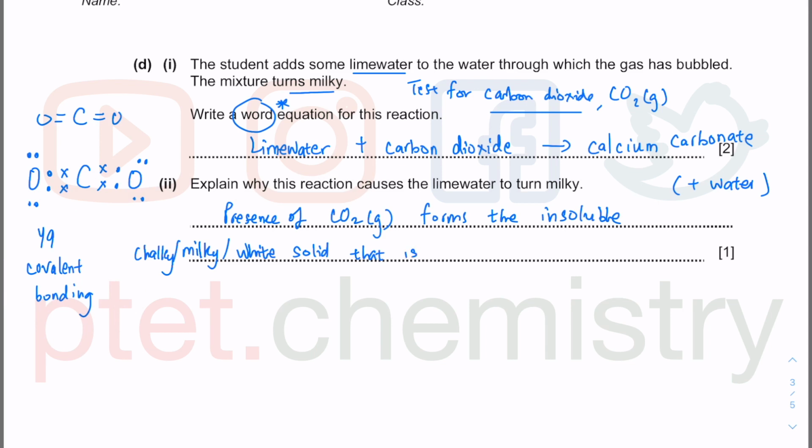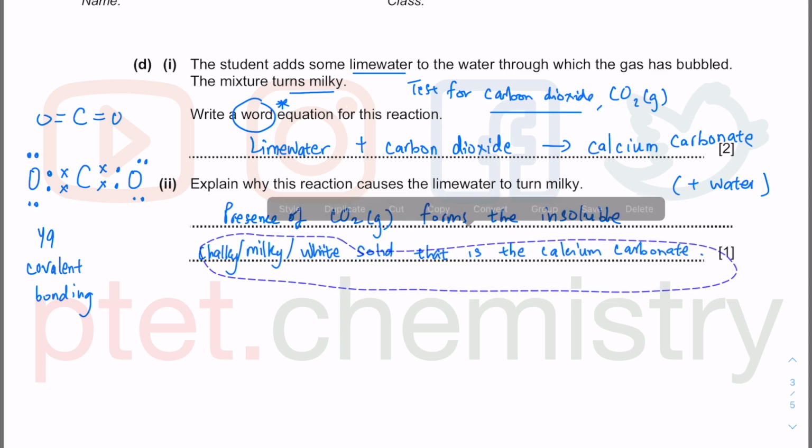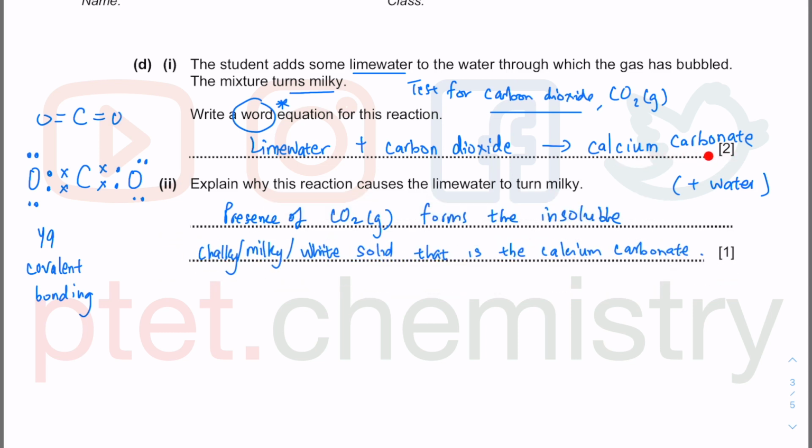Okay, that is the calcium carbonate. And that only happened because the lime water is actually calcium hydroxide, and that will react with the CO2 to give you the insoluble calcium carbonate. Of course, we don't write calcium hydroxide here, we just write lime water because there's a test with carbon dioxide. When it turns milky or cloudy, the lime water turns milky or cloudy because CO2 gas is present there.